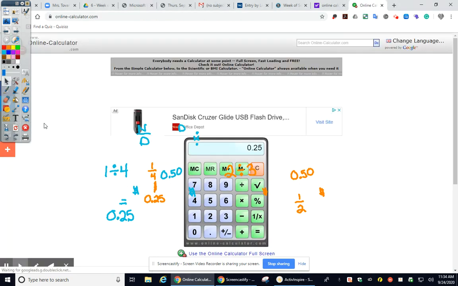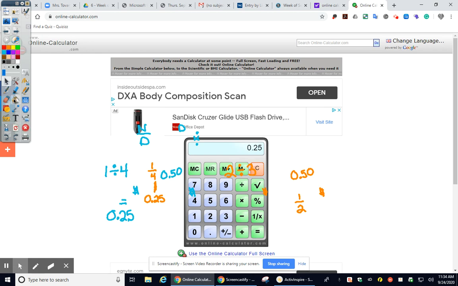Let me go to my online calculator, and I'm going to hit clear, and then I'm going to hit 2 divided by 3. Oh, look, I get 0.666666666667. So I'm going to write that number down.